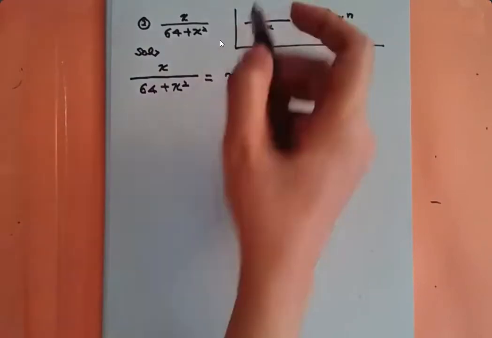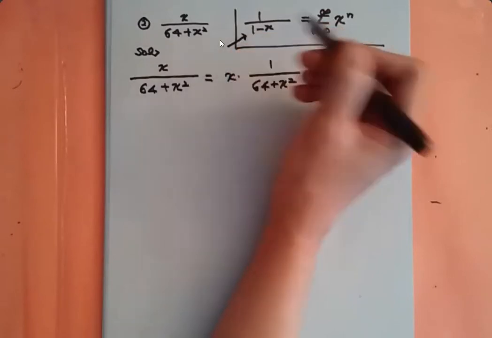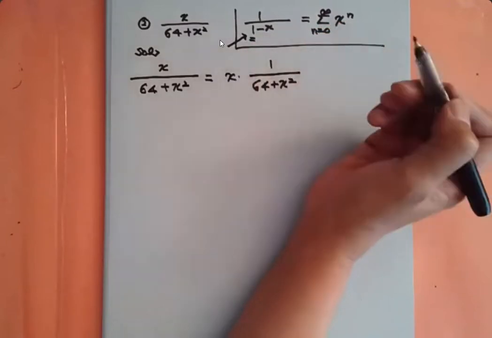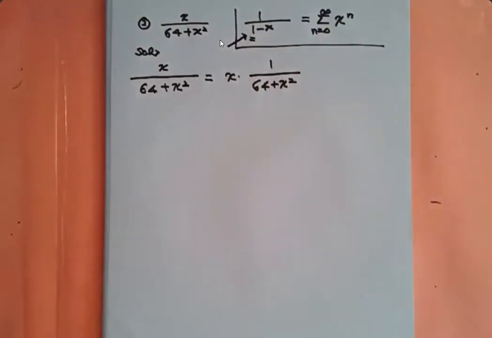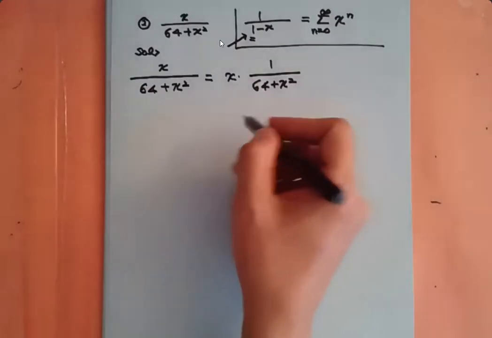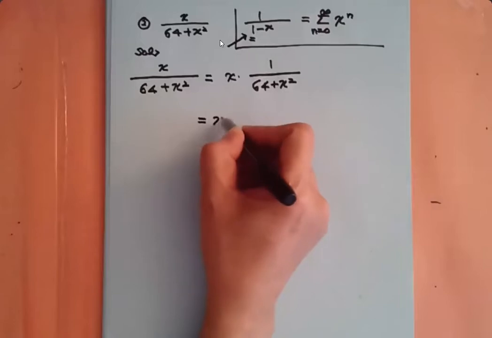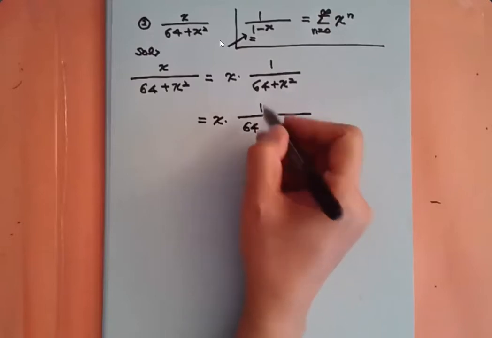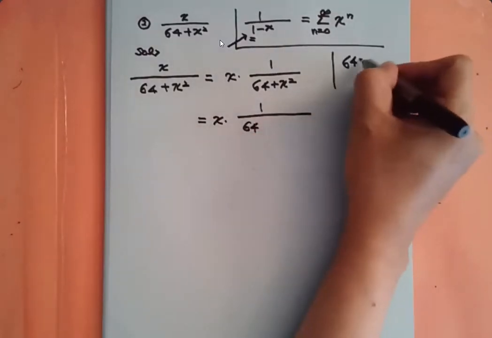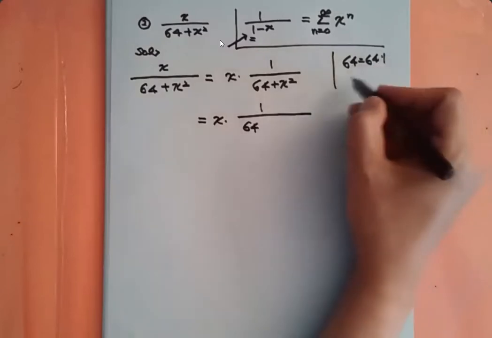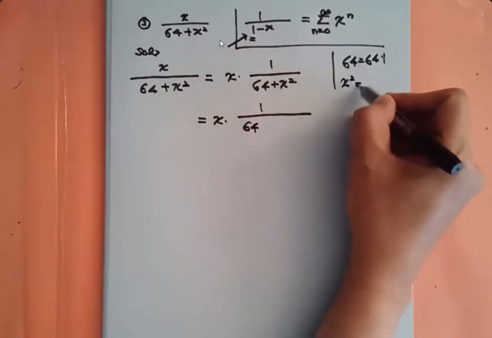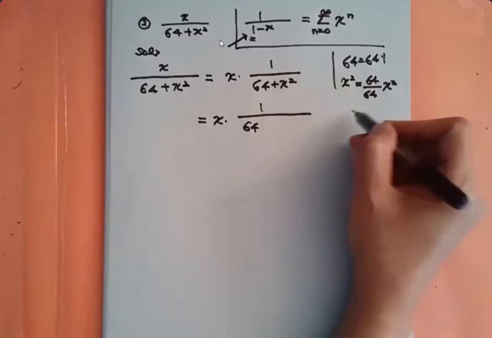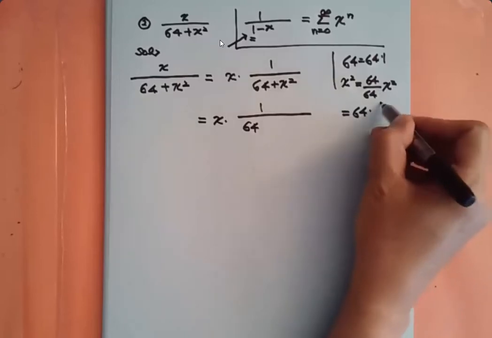And then we want to think about 1 minus x. So this number must be 1 instead of another number like 64 and so on. The only way we can handle that problem is x times 1 over, where we pull out 64. 64 is 64 times 1, and x squared can be written as 64 over 64 times x squared.